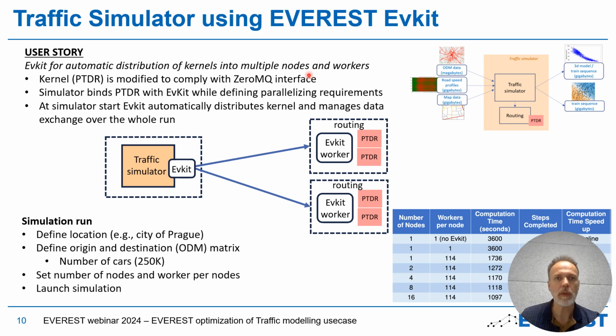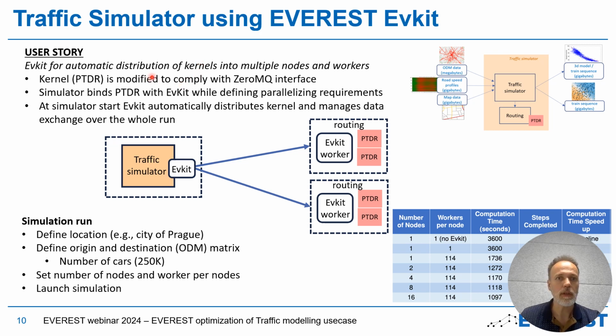Let me now explain the EVEREST optimization with Traffic Simulator with a kind of user story. There is this fkit tool, which is developed within EVEREST, used as a library, which allows distribution of a selected function, call it a kernel, into multiple nodes and workers on HPC architectures.